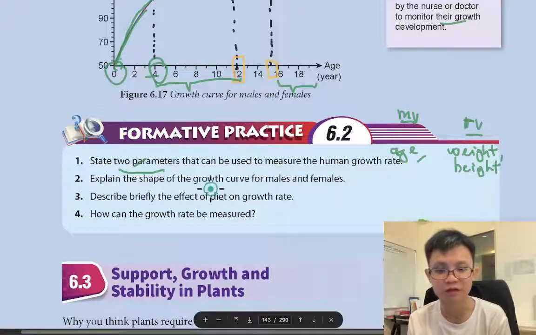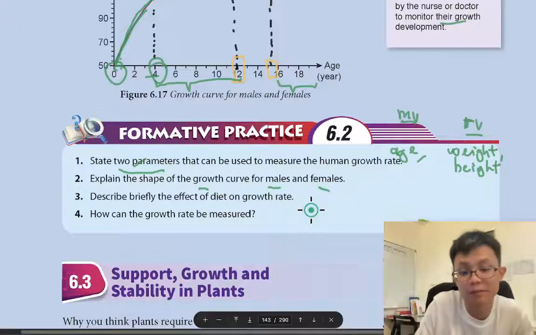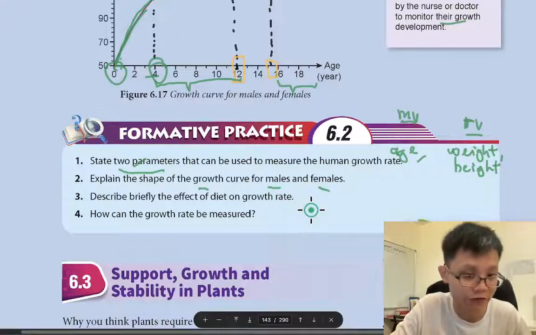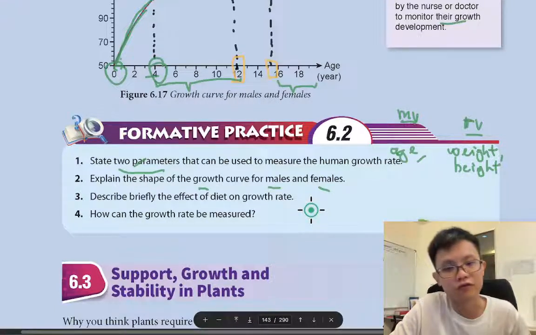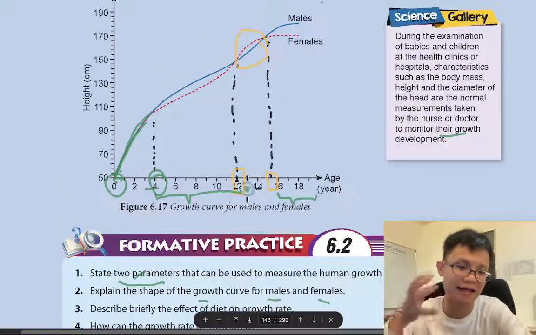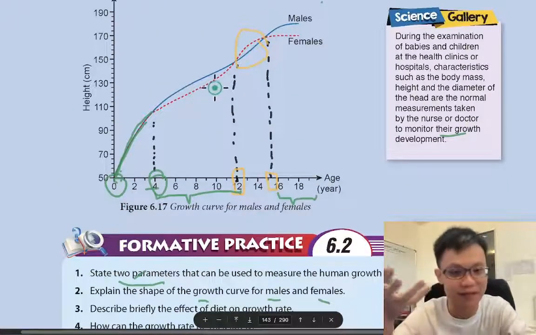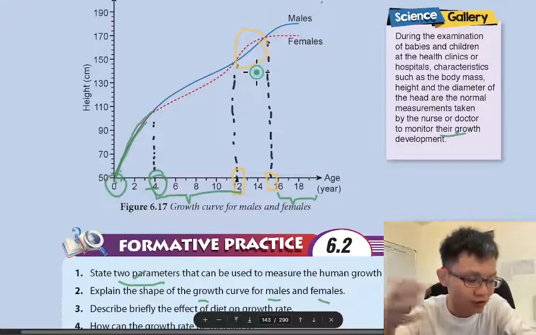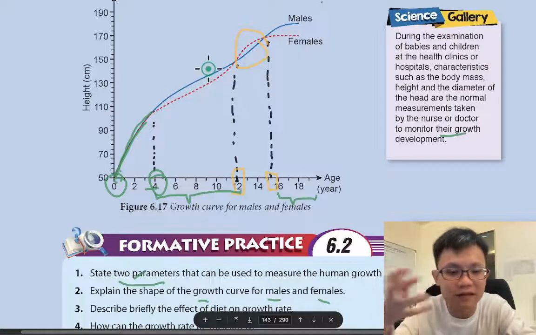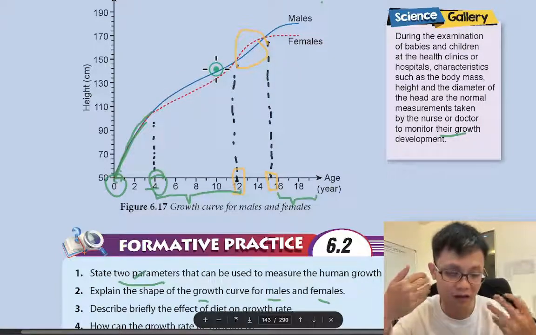Explain the shape of the growth curve of male and female. So this one depends on your explanation, like a summary, how you want to do a summary, and you just say like how you do statistics. Okay, 70% sell wood, 20% sell metal, depending on the statistics.